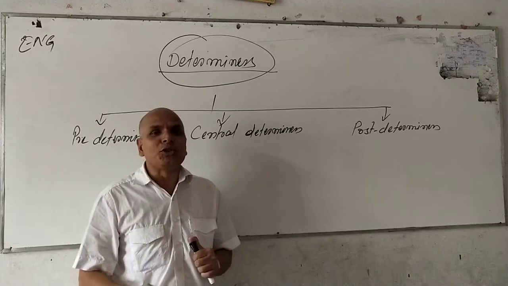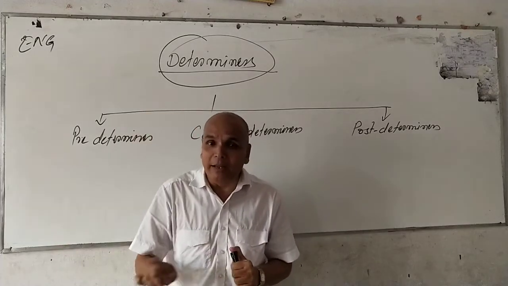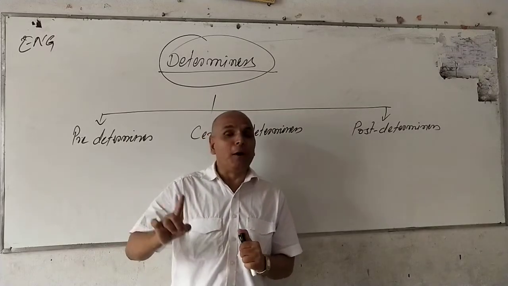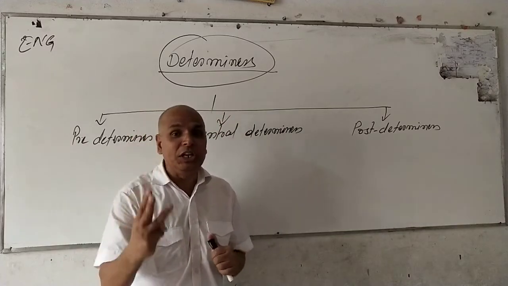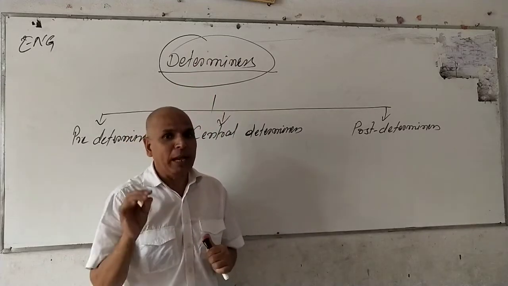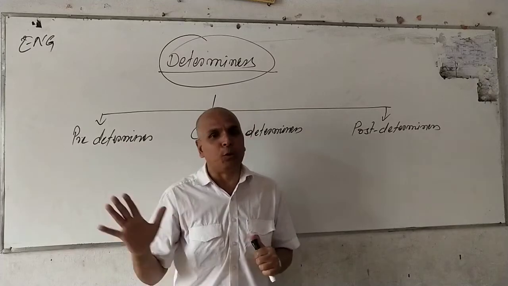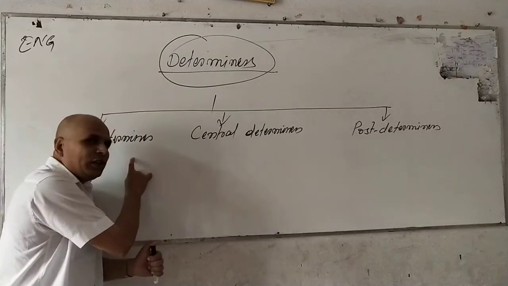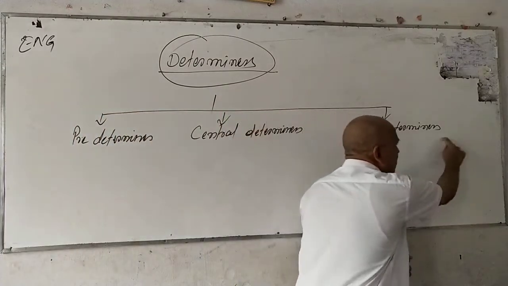The answer is that a maximum of 3 determiners can be used before a noun. And therefore, I have given you the 3 types of determiner: pre-determiner, central determiner, post determiner.